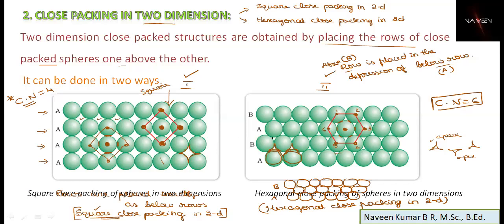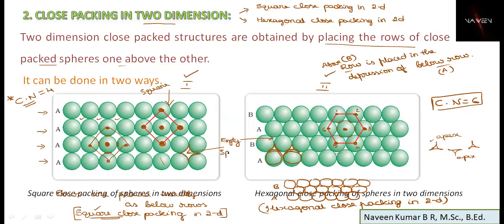Whatever the pattern of packing in 2 dimensions, we are going to see the empty spaces in it. This one, and this one, all these will be the empty spaces.